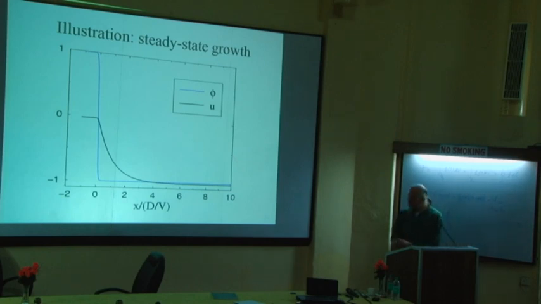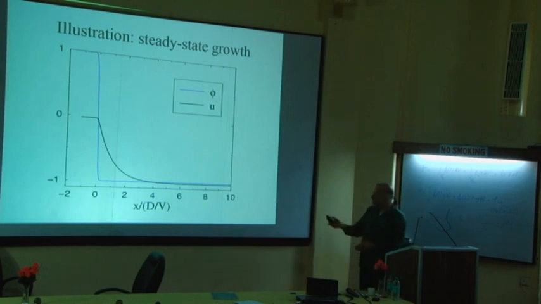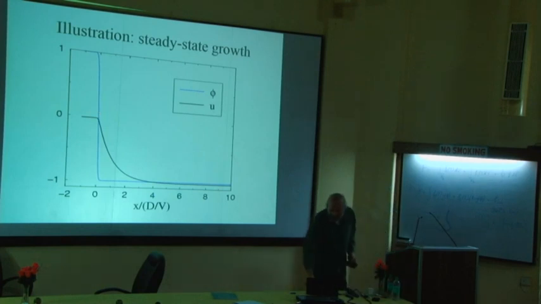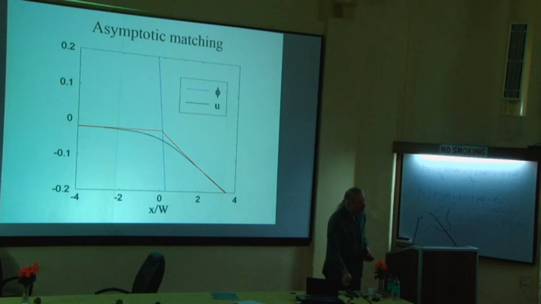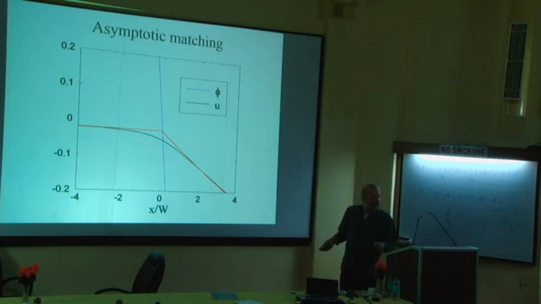That's exactly what you see here. The gradient is 0 here and has a finite value here. In reality, if you blow this up, you see that there is no discontinuity in the slope, because the slope varies continuously between the two values on the two sides of the interface.